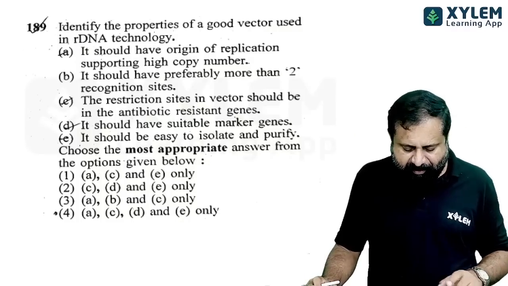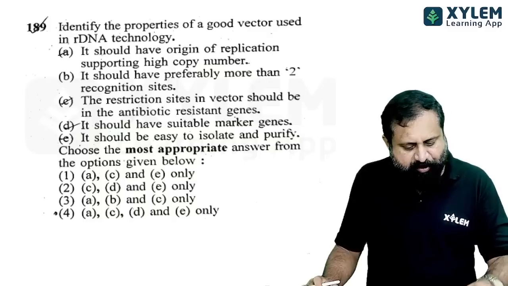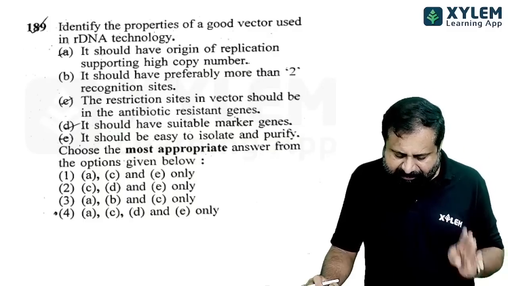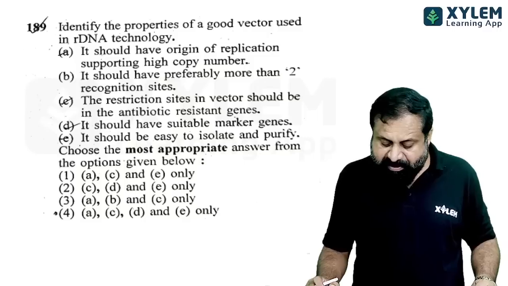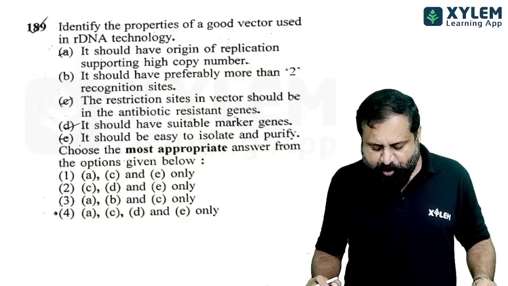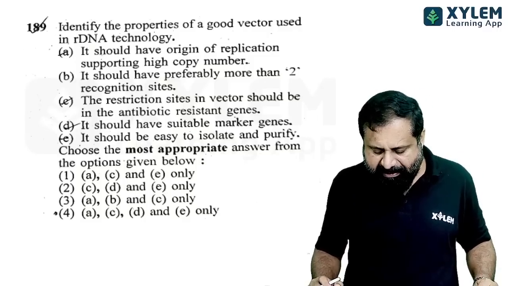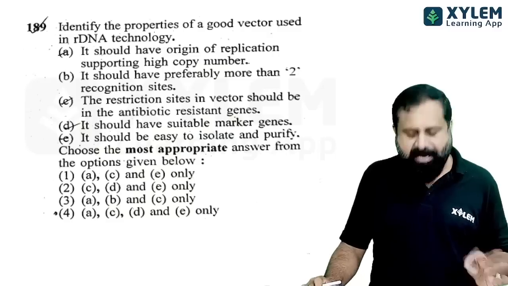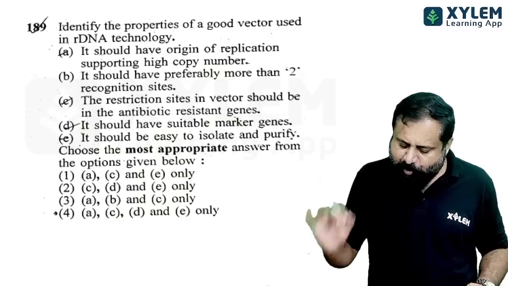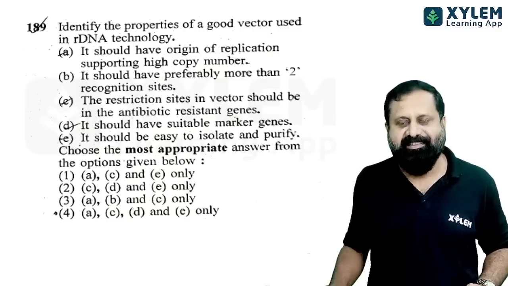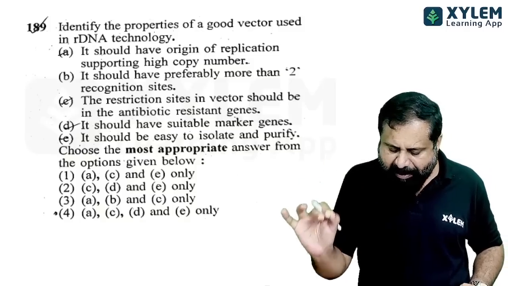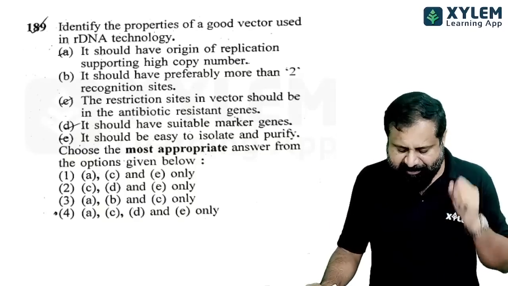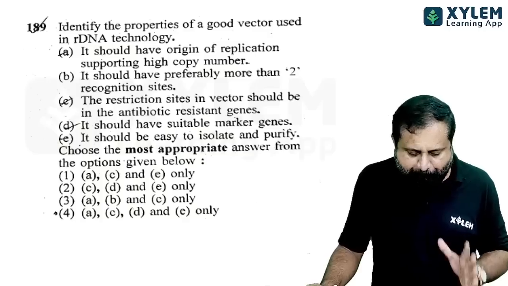A is right, B is wrong. Then the restriction sites in vector should be in the antibiotic resistant gene, right statement. It should have a suitable marker gene, that is also correct. It should be easy to isolate and purify, it is also correct. So the wrong statement is B.